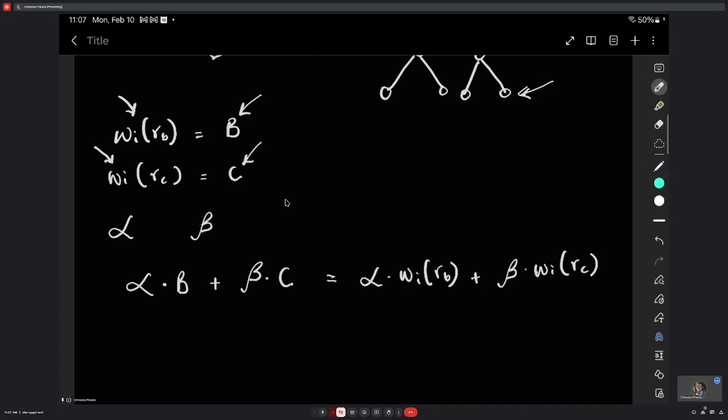So what I'm saying is that since we have this constant value, if we multiply that value by alpha and then add it to multiplying C by beta, we should get the same thing as when we multiply alpha with this polynomial, plus when we multiply beta with this other polynomial.